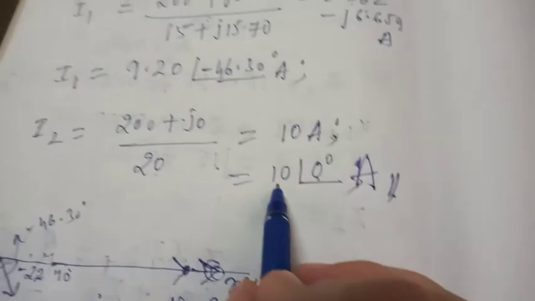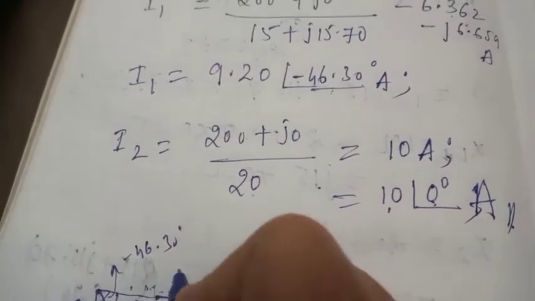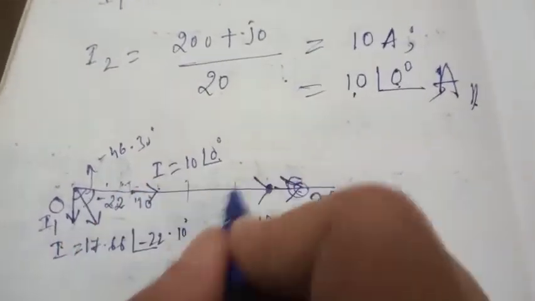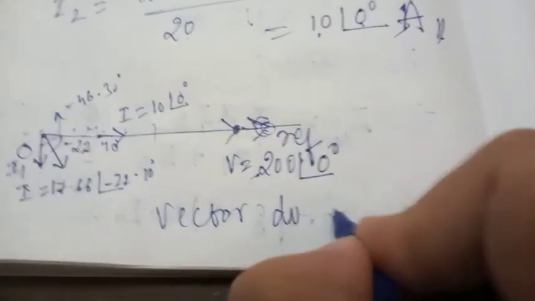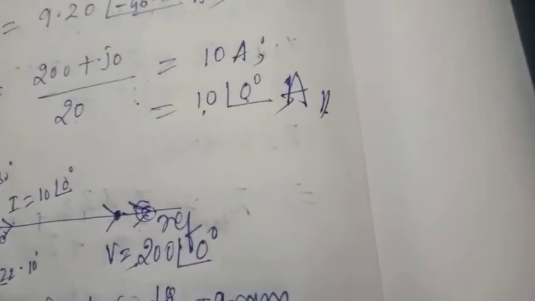What about I2? I2 will be 10 amperes, around here. I2 is equal to 10 at an angle of 0 degrees. Both are lying on the same phase. So this is the vector diagram.